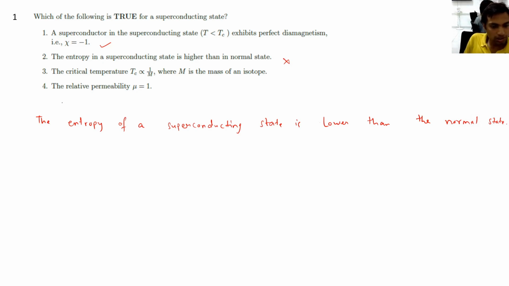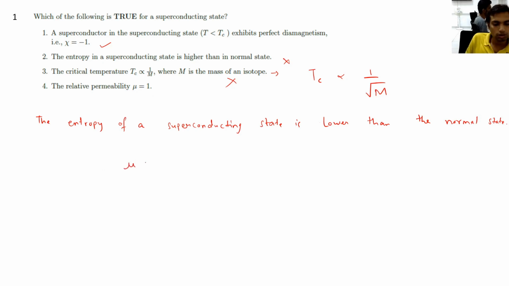At the critical temperature, this has been experimentally determined, and it turns out that Tc is proportional to the square root of the isotopic mass, so inversely proportional to the square root of m. This is a wrong statement. Now the relative permeability, so what is relative permeability?